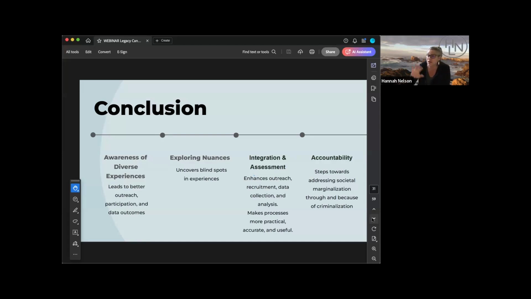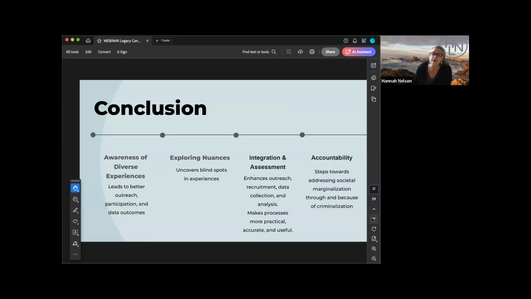Exploring the nuances rather than trying to avoid them or just categorize everything as a full category really can uncover blind spots and experiences, and integrating and assessing at each step of the way with that understanding of nuance really can make the whole thing not only more effective, but more practical and accurate and useful, which is one of the goals.